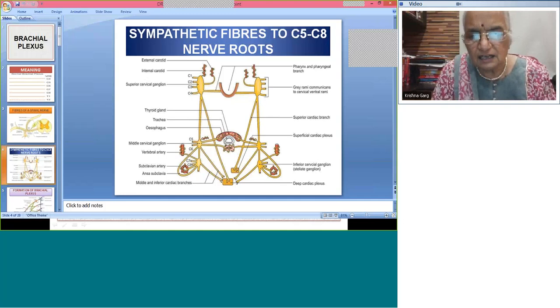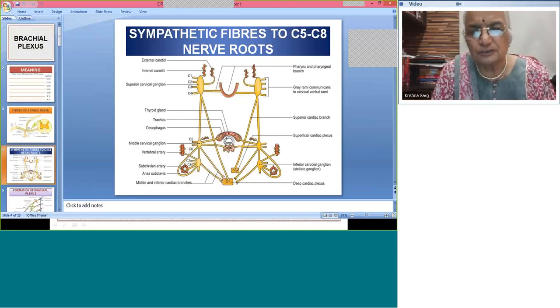From the middle cervical ganglia, the fibers relay and go to spinal nerves C5 and C6. From the inferior cervical ganglia, the fibers which relay go to C7 and C8 spinal nerves, so that all the nerves C5, C6, C7, C8 and T1 receive postganglionic sympathetic fibers.